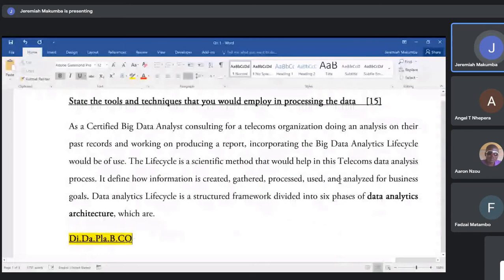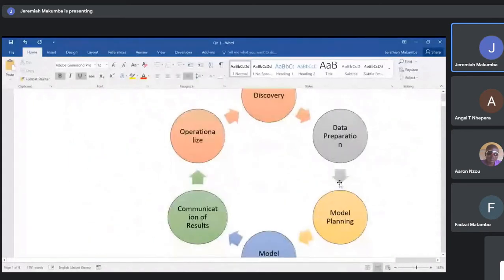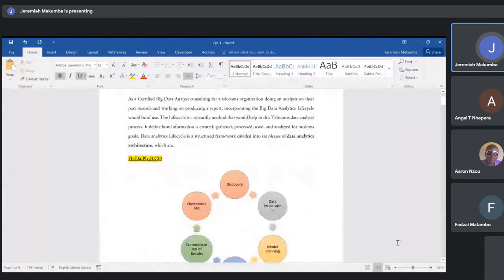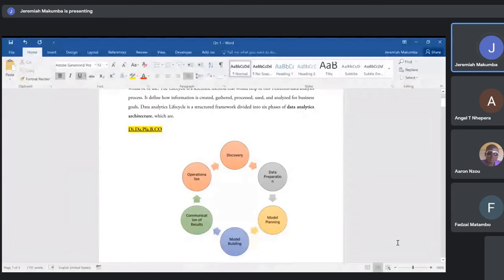First and foremost, we are going to depict the big data lifecycle, which we have acronymed as DDAPLA-BICO, standing for discovery, data preparation, model planning, model building, communication of results, and operationalization.